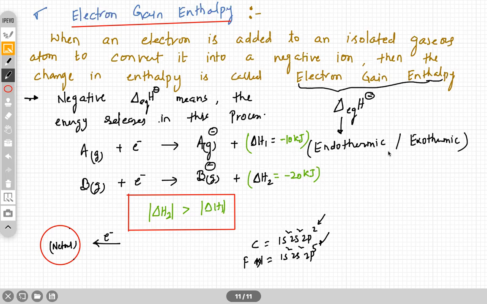Write down into this. Next line, write down electron affinity. Electron affinity is the tendency of an atom to accept an electron.